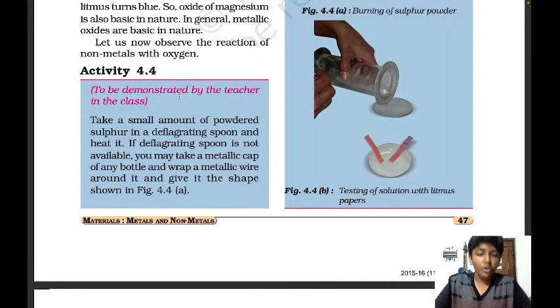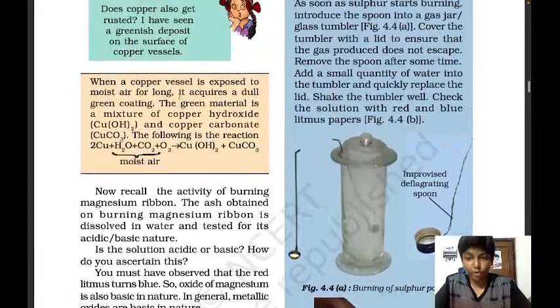Take a small amount of powdered sulfur in a deflagrating spoon and heat it. If a deflagrating spoon is not available, you may take a metallic cap of any bottle and wrap a metallic wire around it and give it the shape shown in figure 4.4.